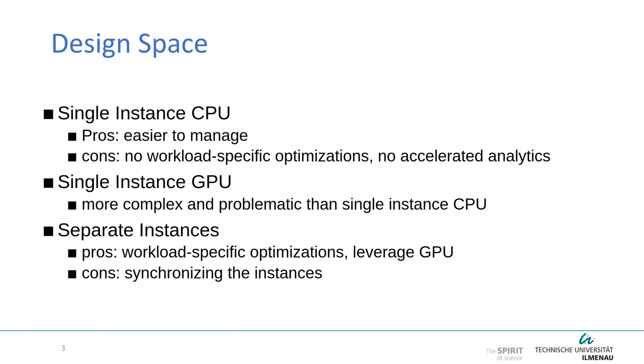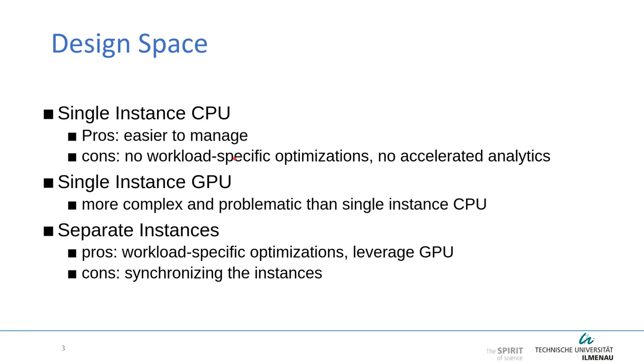On the flip side, the disadvantages are we cannot make optimizations for transactions and optimizations for analytics on the same graph, because the optimizations for each of these workload types are different and sometimes even opposing. So we are not able to make workload specific optimizations.